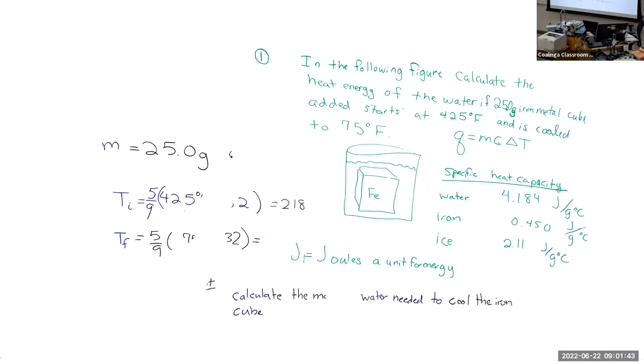Okay, so let's go. 425 minus 32. That's gonna give me my 3 sig figs. These numbers are exact numbers, remember. So then 3 sig figs. Okay, what about 75? How many sig figs? 2.